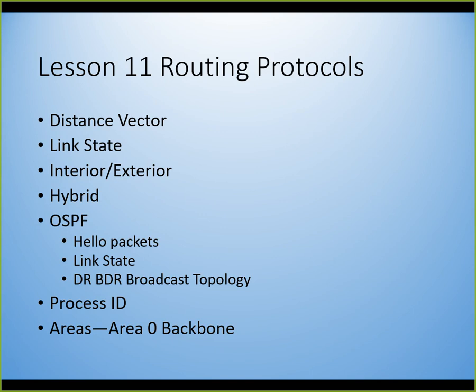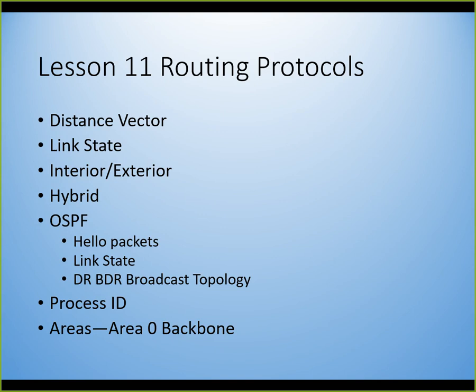And then we had areas. We kept our routers separate by putting them in areas so that a router only talked to routers in its area. Area 0, the backbone area, you have to have at least one of them, and all the other areas have to connect to it.